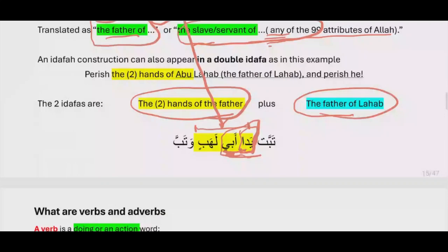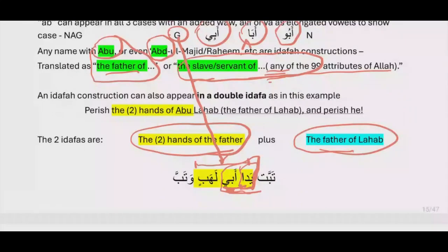All right, so far, before we look at verbs, in summary, if you look at nouns and adjectives, you're looking at a few characteristic features. Firstly, you're looking at the last vowel on that word, like kitabun, kitabin, or kitaban. And if there's an al, it will be al-kitabu or al-kitabi.